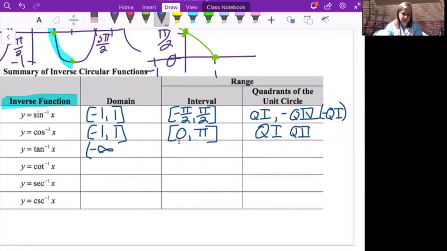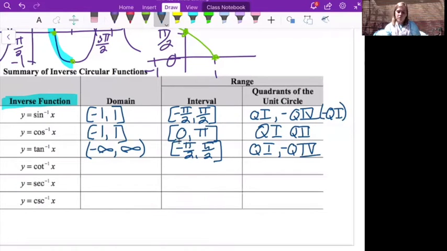So that's negative infinity to infinity. But then the interval that it's going to give us is negative pi over 2 to pi over 2. And so again, that's in quadrant 1 and then the negative of quadrant 4. Or again, negative quadrant 1.